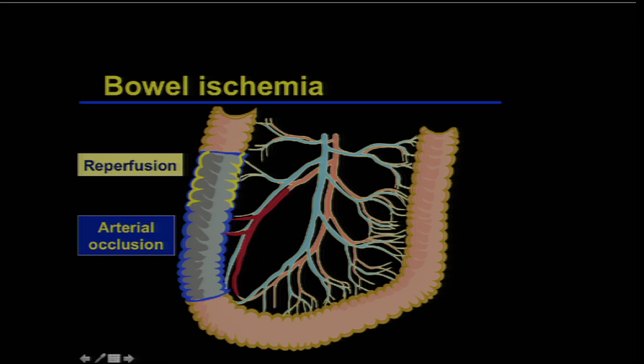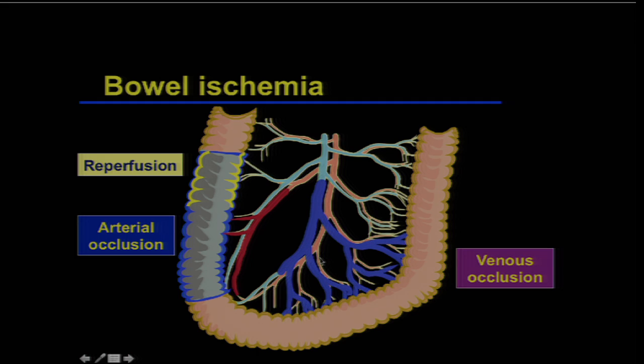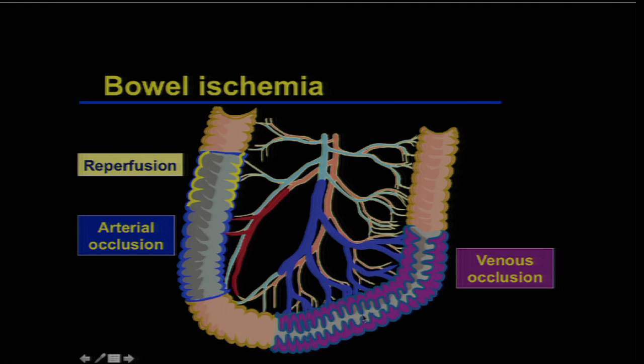So we have hyperenhancement adjacent to non-enhancement. Whereas for venous occlusions, we will block the outflow of blood, and the bowel wall becomes very, very thick very early on, might have a little bit of mild enhancement, but overall will look pretty dusky and thickened.